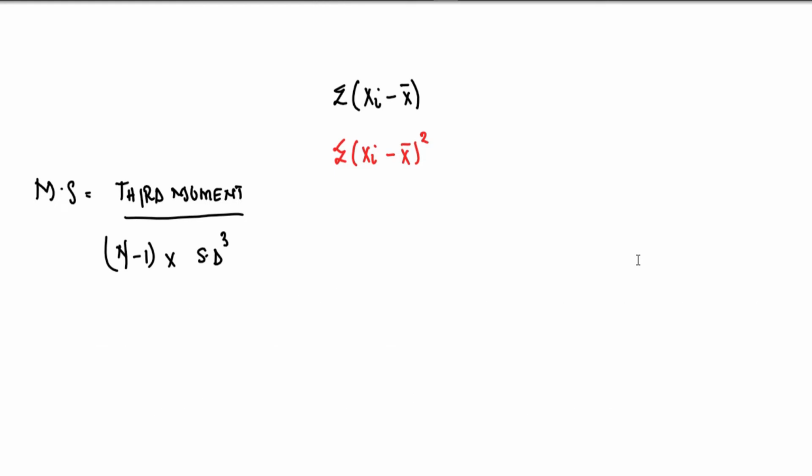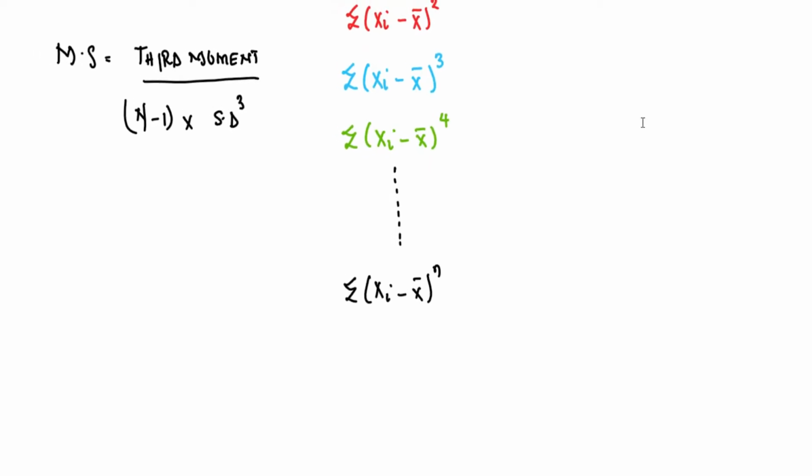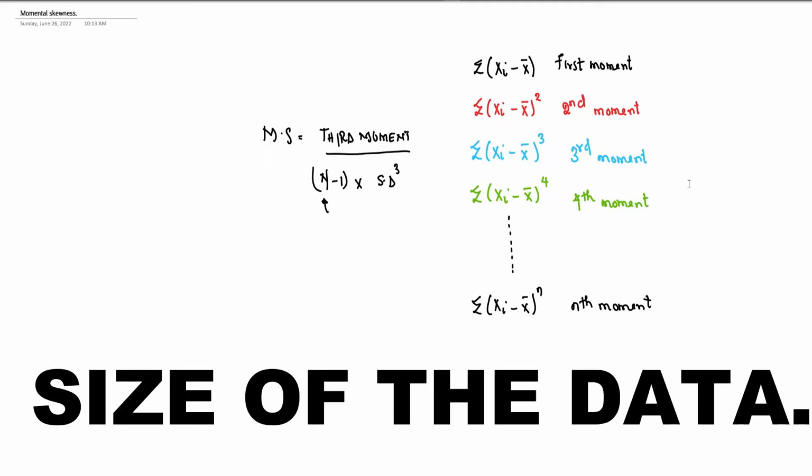The third moment is the summation of (xi minus x bar) all raised to the power of 3, and the fourth moment is the summation of (xi minus x bar) all raised to the power of 4, till we get to the nth moment, which is the summation of (xi minus x bar) all raised to the power of n. Please note that this n represents the size of our data set. We should keep that in mind.